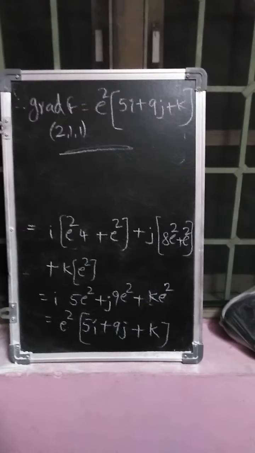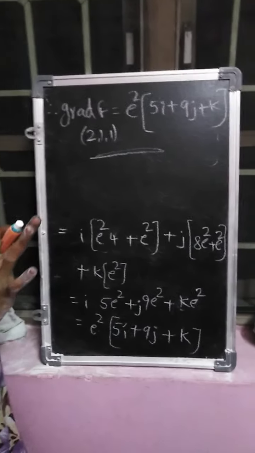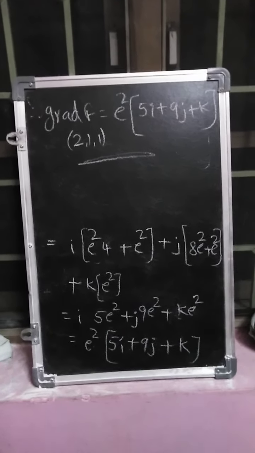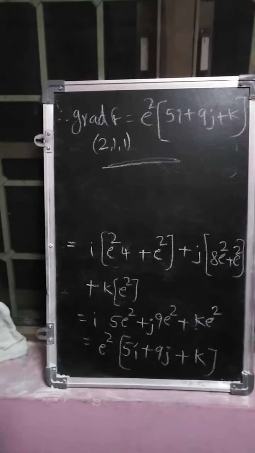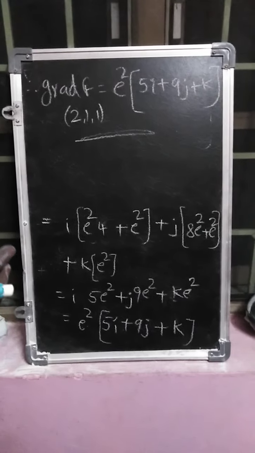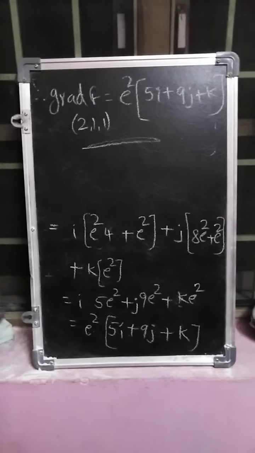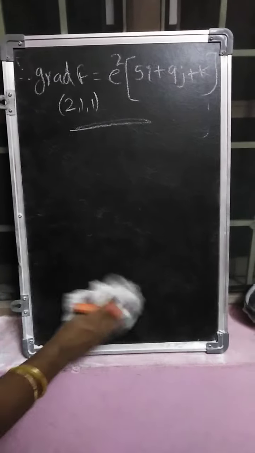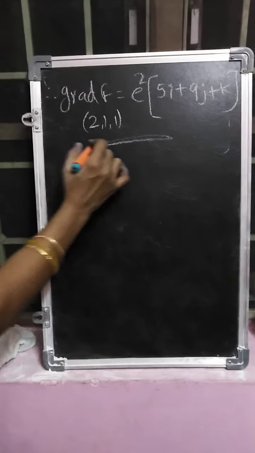So here grad means first i dou by dou x plus j dou by dou y plus k dou by dou z. Then div means del dot, curl means del cross. This is the difference. So we know how to solve the gradient.